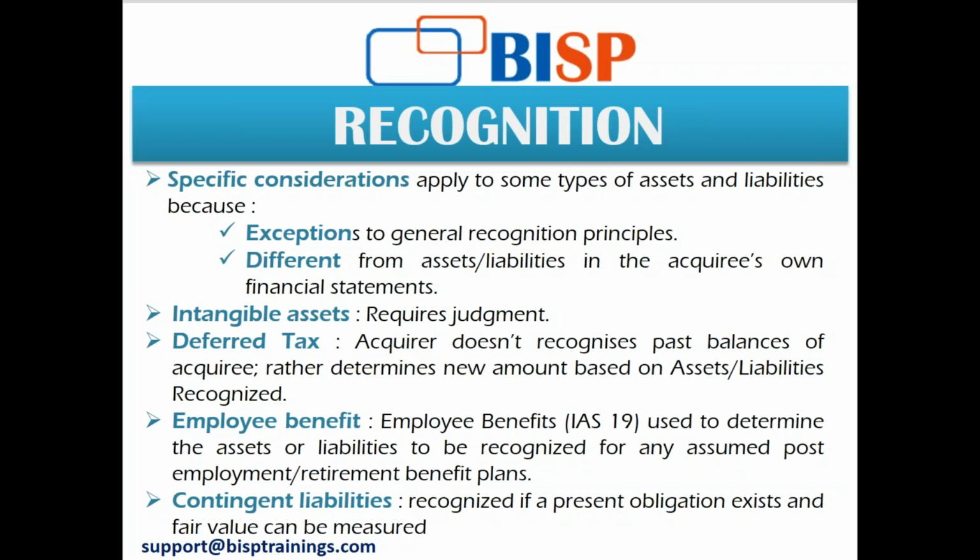Specific considerations are of course applicable and given under the IFRS for some types of assets and liabilities that are mostly the same across various business organizations. The specific considerations are given because IFRS 3 includes certain specific guidance in some cases, and exceptions to the general recognition principle.